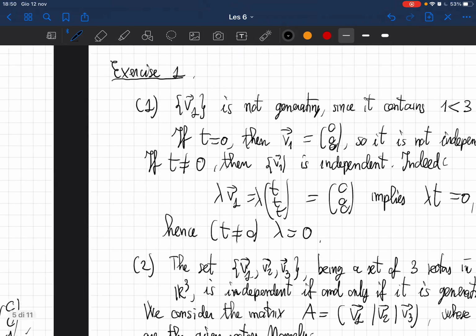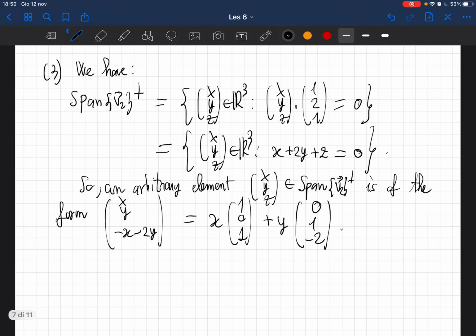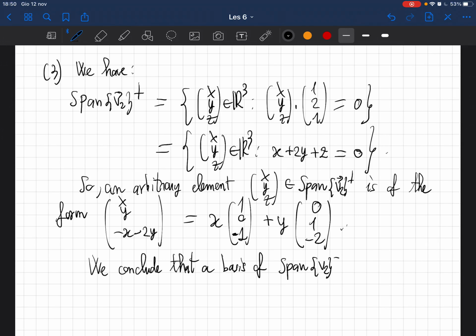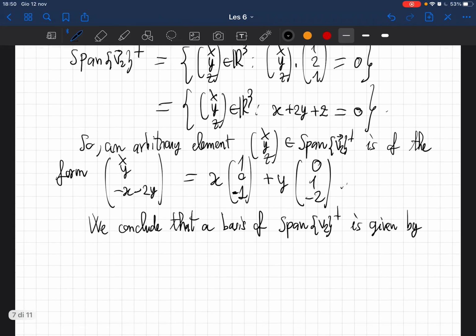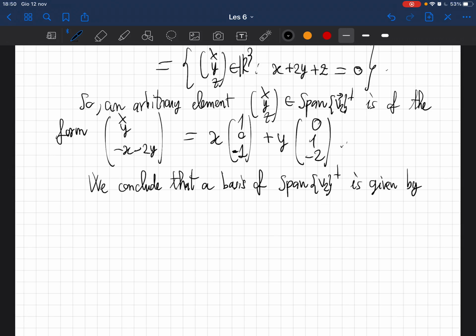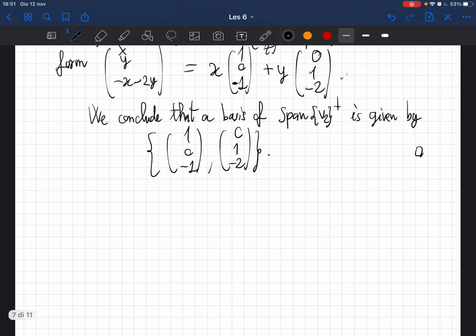So is it correct what we are saying here or not? 1 0 1 0 minus 1 1 0 1 minus 2 minus 1 here. We conclude that the basis of this span is given by this, and this is it.